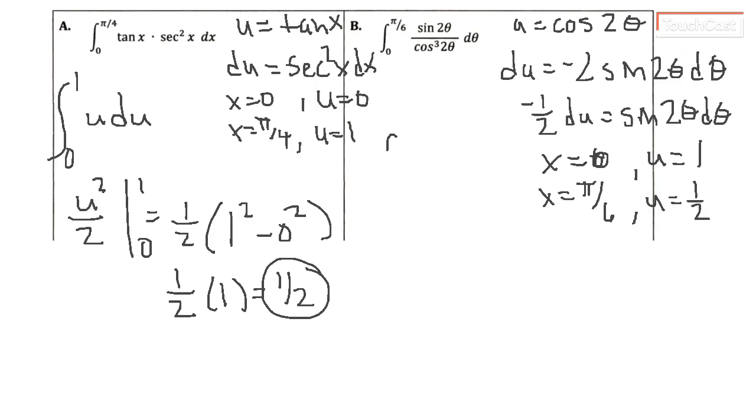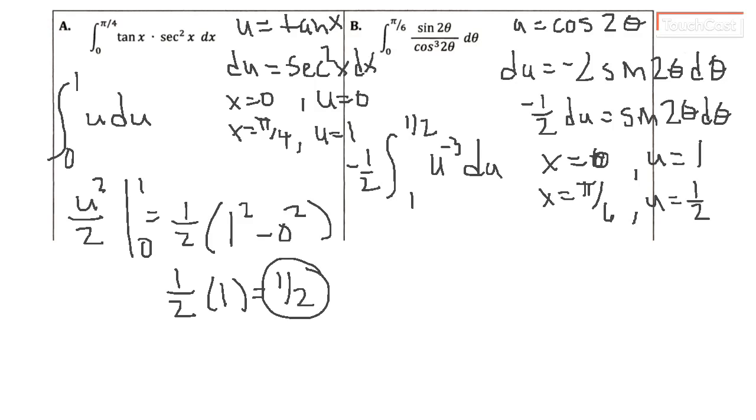So our integral is going to be from 1 to a half, multiplied by negative 1/2 out front, of u to the negative 3, because cosine is cosine cubed in this problem, and it's in the denominator, so we're good there, du.